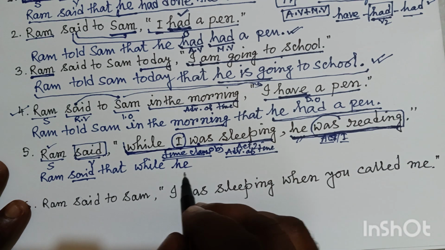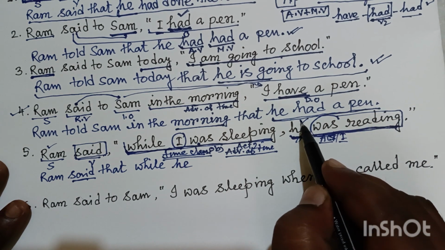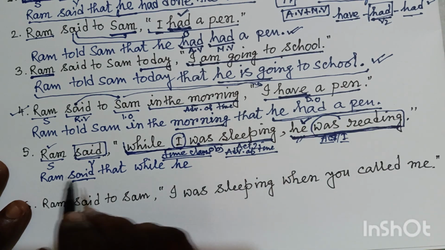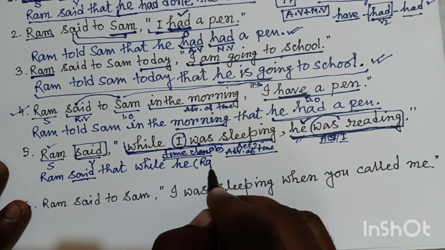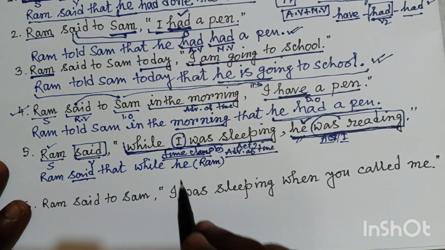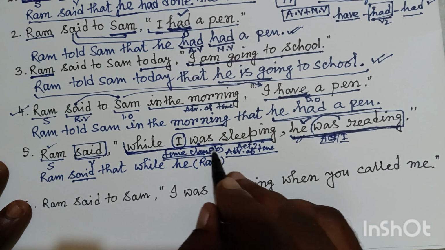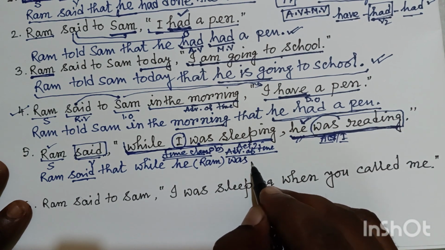Now friends, here look at this. There is also another he, and obviously this he is separate. It is not Ram. So there will be a problem. That's why we have to write down Ram in brackets. So Ram said that while he, now we cannot change it, he was sleeping.